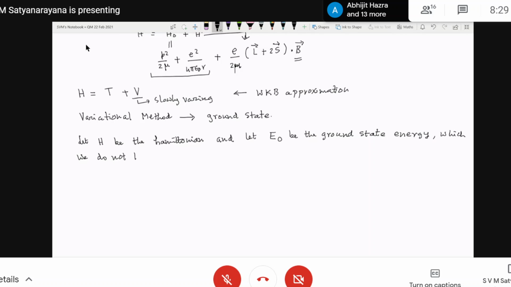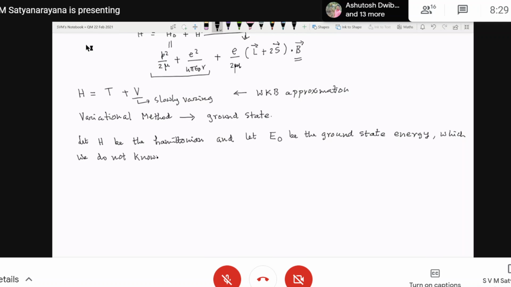We do not know it, but there exists a ground state, and that has a certain energy, E0. That is what I am calling E0. Please follow this argument carefully. This is the formal argument, and whatever we are going to do after that is an application of this formal argument.